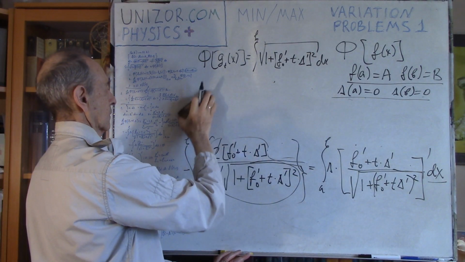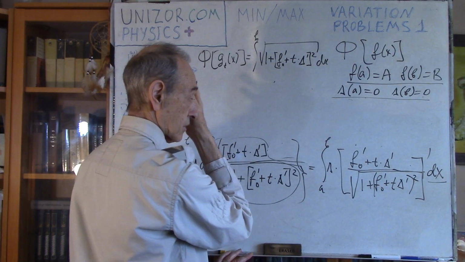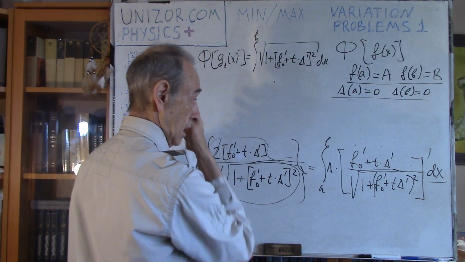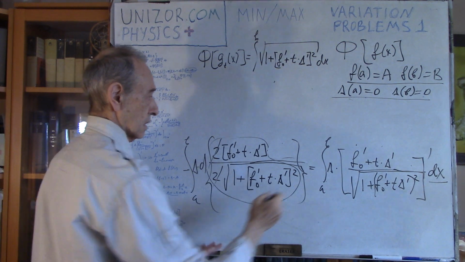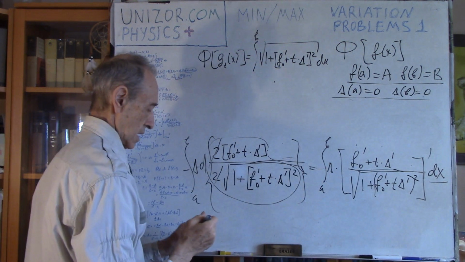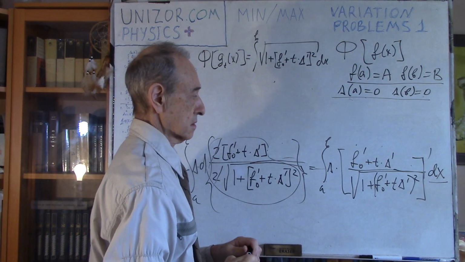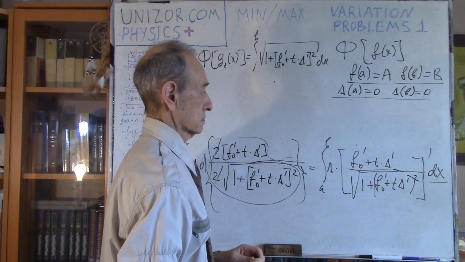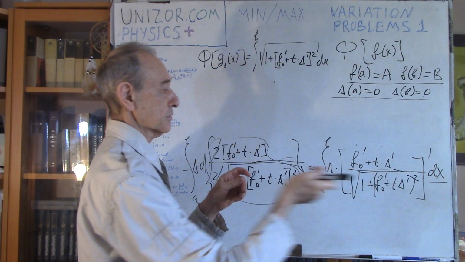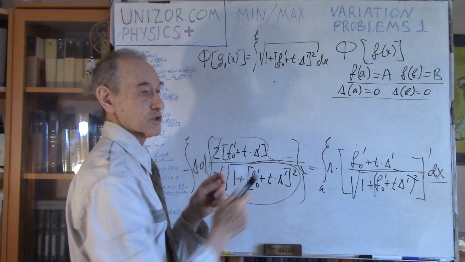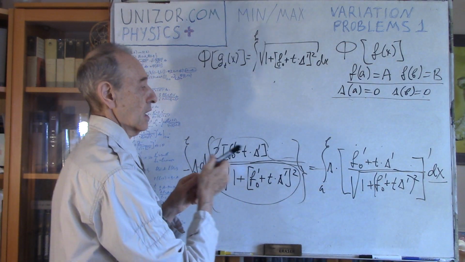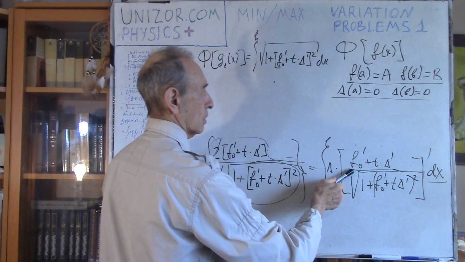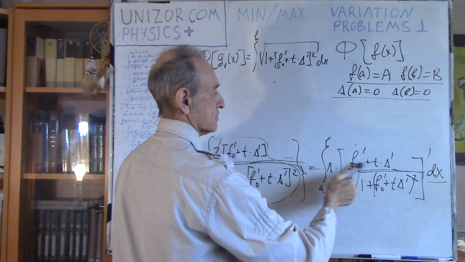Okay, that's actually almost everything, almost ready. This is, sorry, with a minus sign. Okay, so this is a derivative by t. So it's a derivative along a certain direction. It's a directional derivative from f0 to f1, which is f0 plus delta.